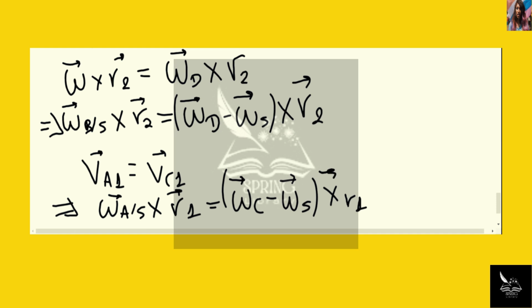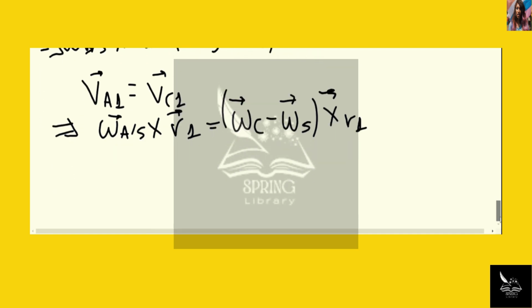What can we do with these two now? I hope it might be immediately apparent that this is a system of two equations with three unknowns, and we need another relation in order to solve the system.